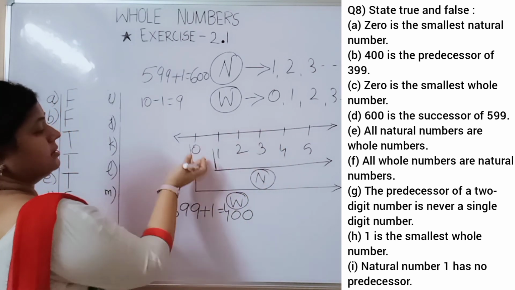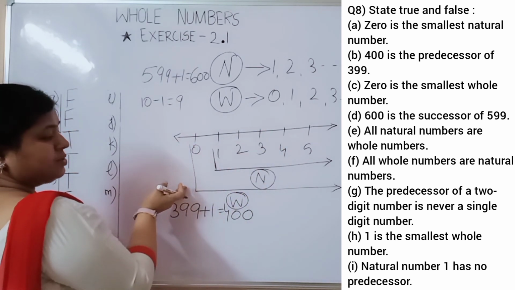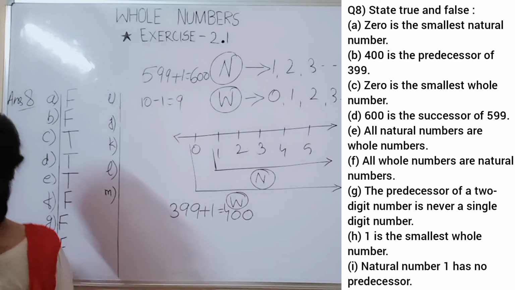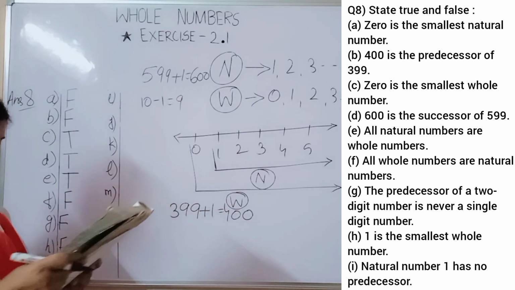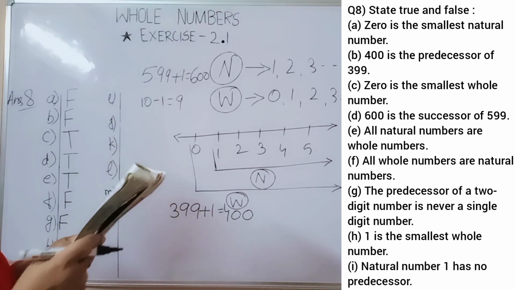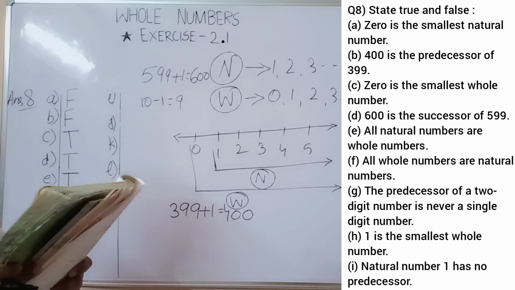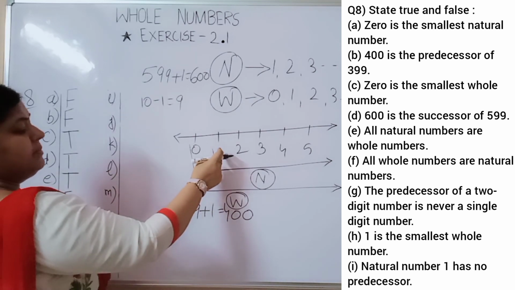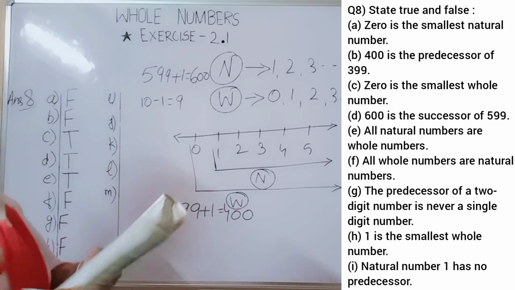You can see here, 0 is the smallest whole number. So this is a wrong statement. Next one. I part. The natural number 1 has no predecessor.